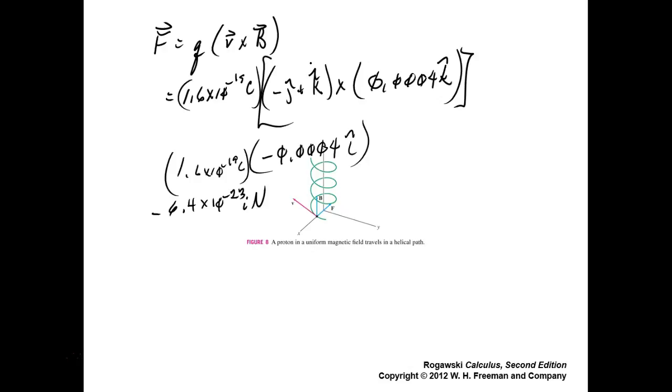Where did I get the minus J plus K? I know it was in here, but I don't see it now. There, minus J plus K. Okay, I didn't read the first part. All I saw was in the direction of that, but the magnitude is 10 to the 6th. So we have another 10 to the 6th multiplied by this.